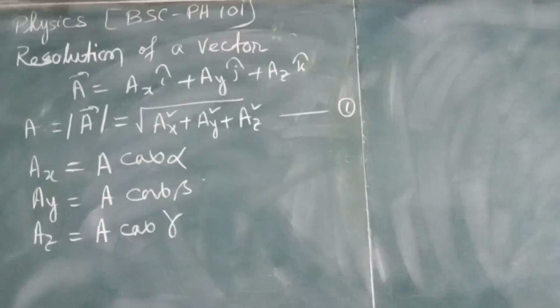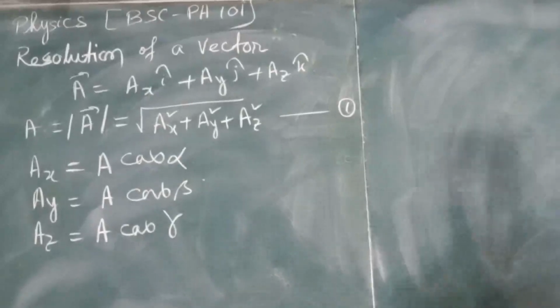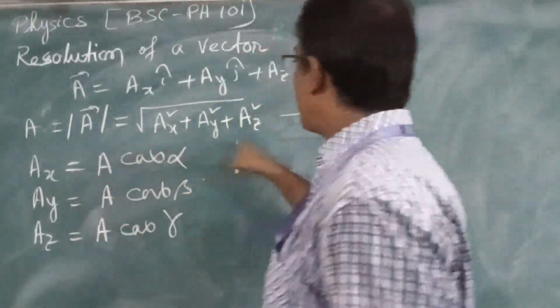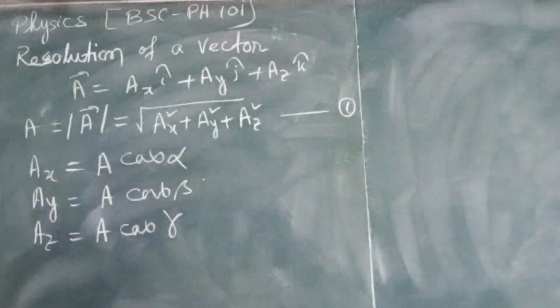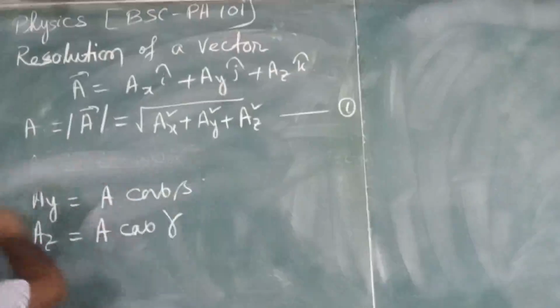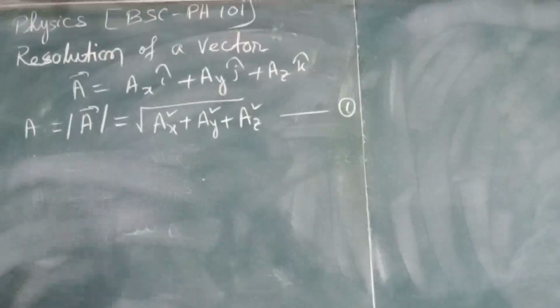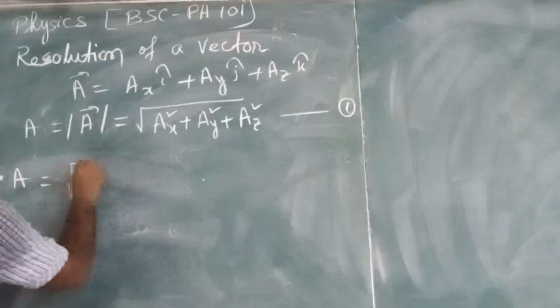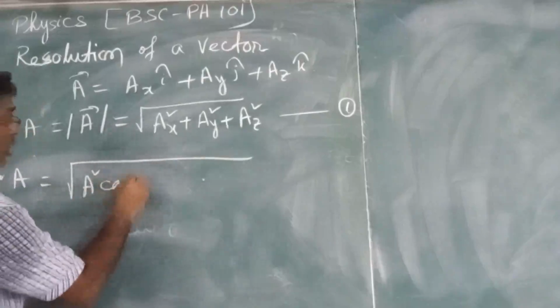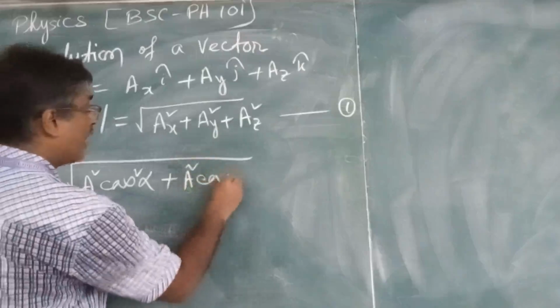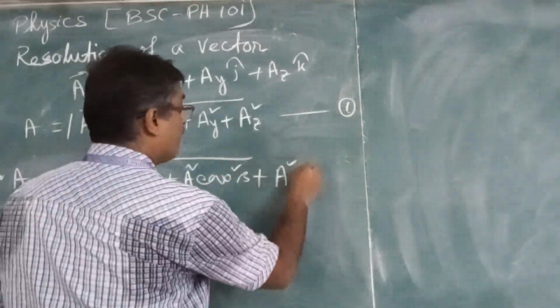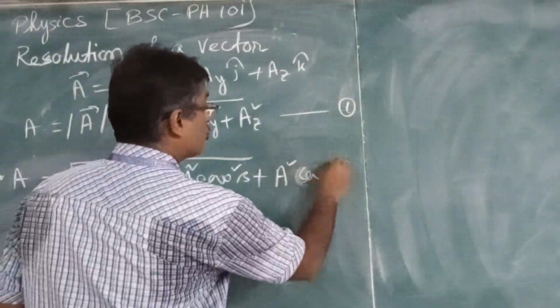Now, if we put the values of AX, AY, AZ in equation 1, then what happens? A equals the square root of A square cos square alpha plus A square cos square beta plus A square cos square gamma.